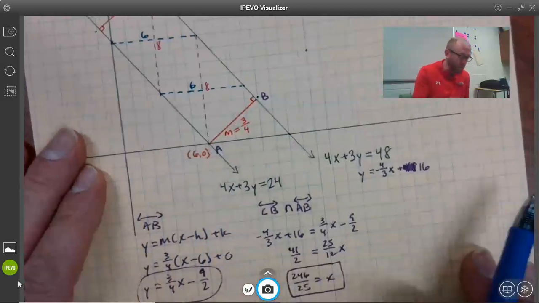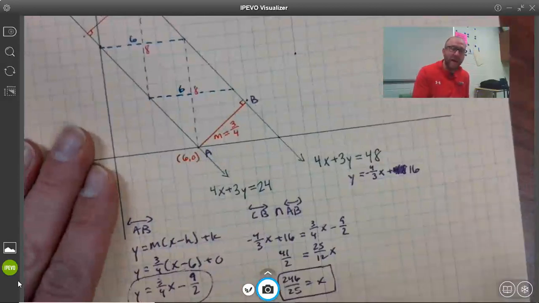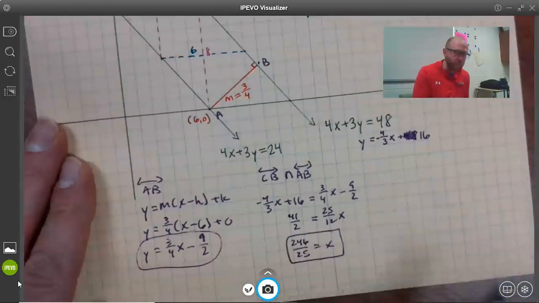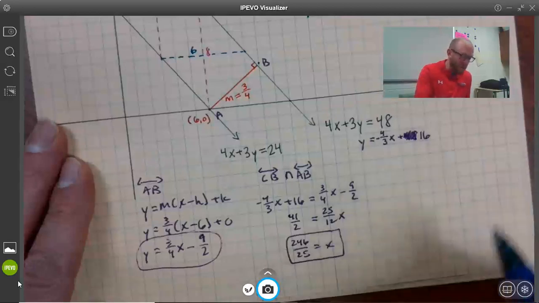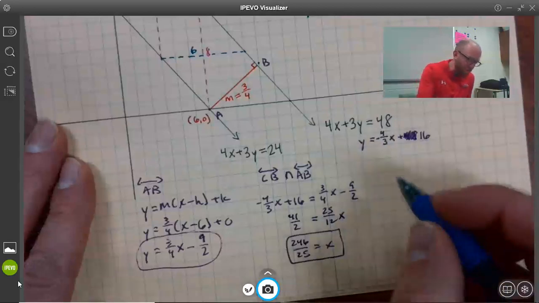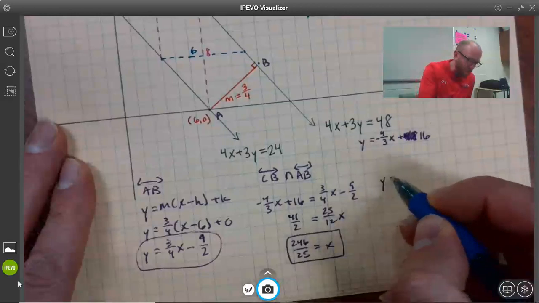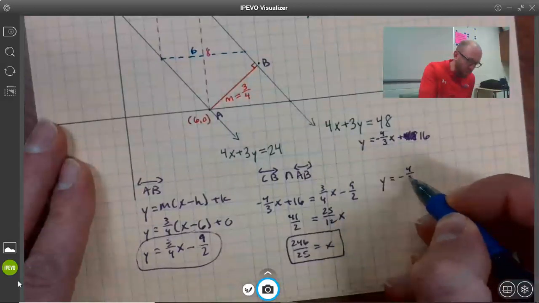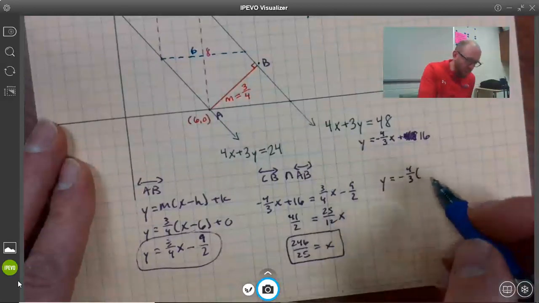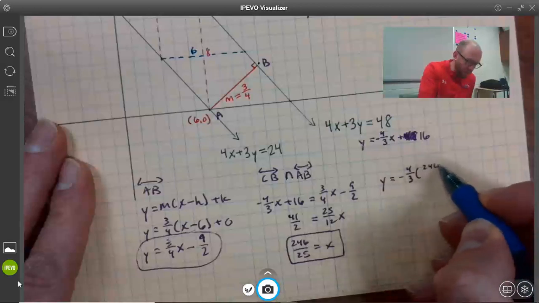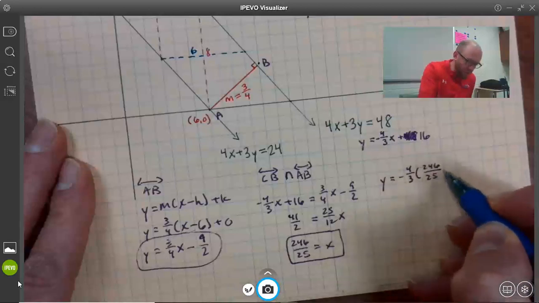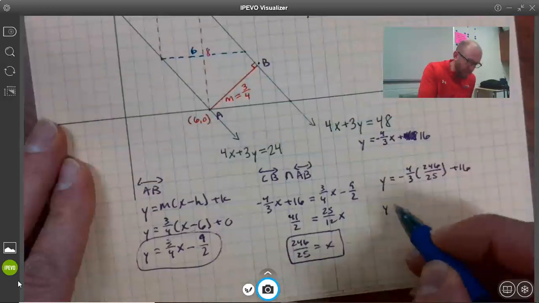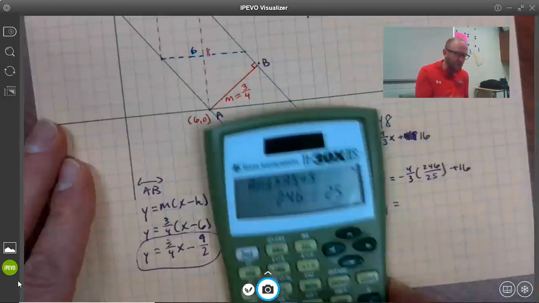So that works. Now we just have to substitute that value back into one of the two equations in order to get a y value. So we'll go y = negative 4/3 times 246/25 plus 16. We'll let the calculator do all that.